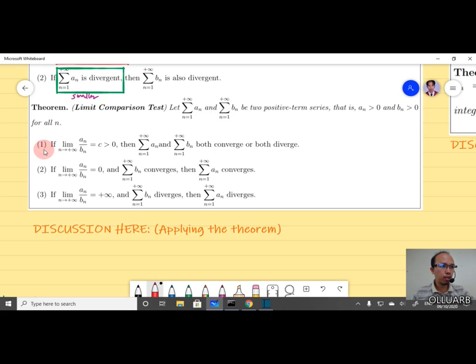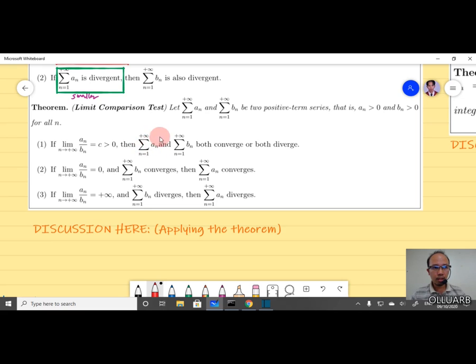First, get the quotient, and after getting the quotient, take the limit as n approaches positive infinity. If the answer is a constant c which is greater than 0, then the series both converge or both diverge.